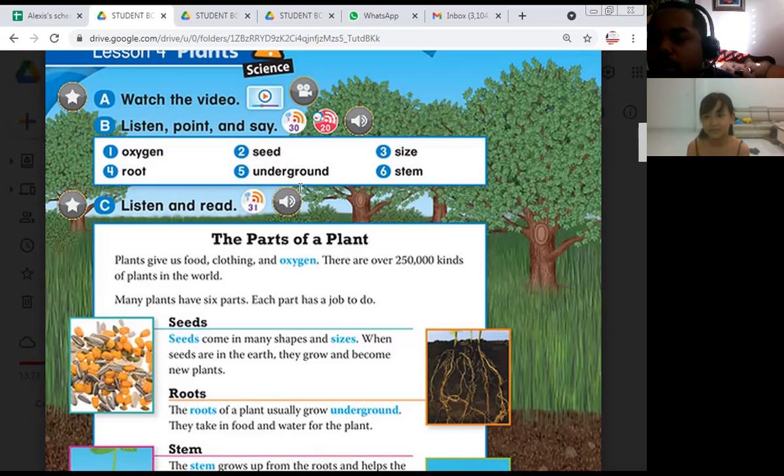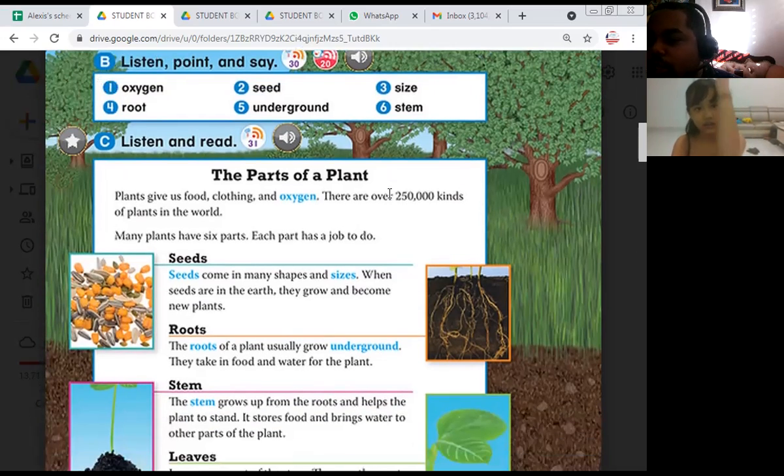So let's continue with the next one. A stem. What is the stem? Stem is like how the root stands. Okay, it's what holds the plants.